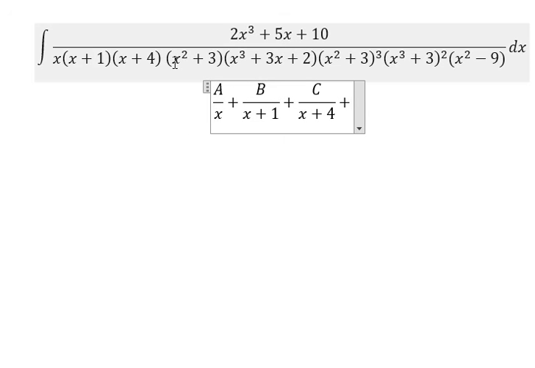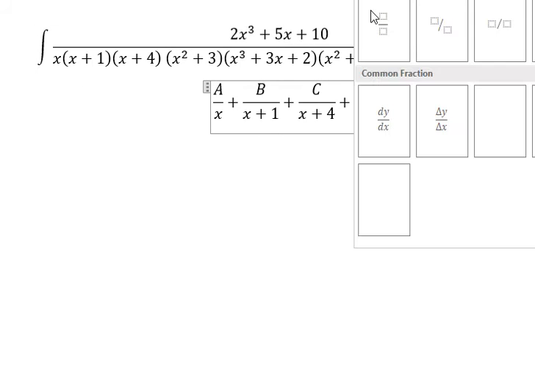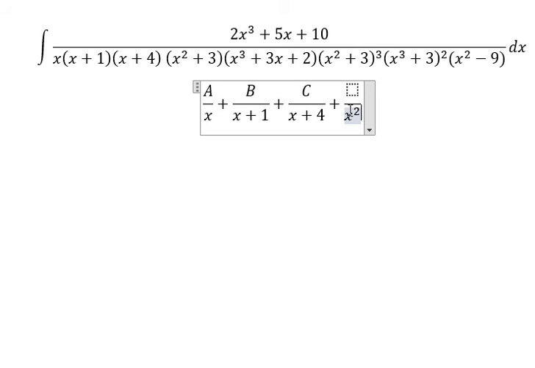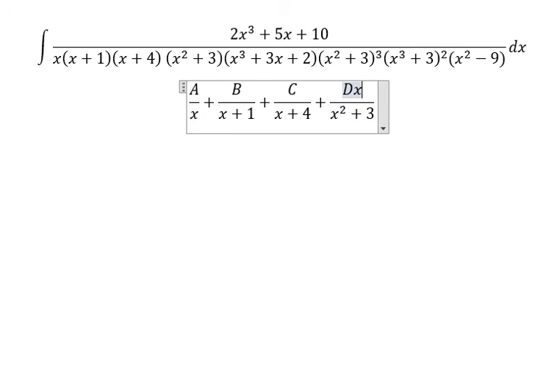Now we go to the next factor. This has power 2. In this situation, the highest power is 2. So on the numerator, we need to put s. If the denominator has power 2, on the numerator the power should reduce by only 1 unit.